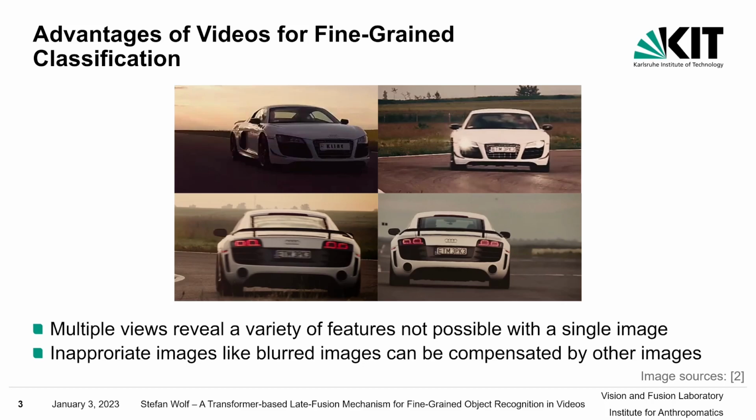So we can see the car, for example, from the front and from the back, giving us a much larger variety of features. Another aspect is that a single image might contain inappropriate frames like the one in the lower left, which shows heavy motion blur. In videos, this can be compensated by using other images.